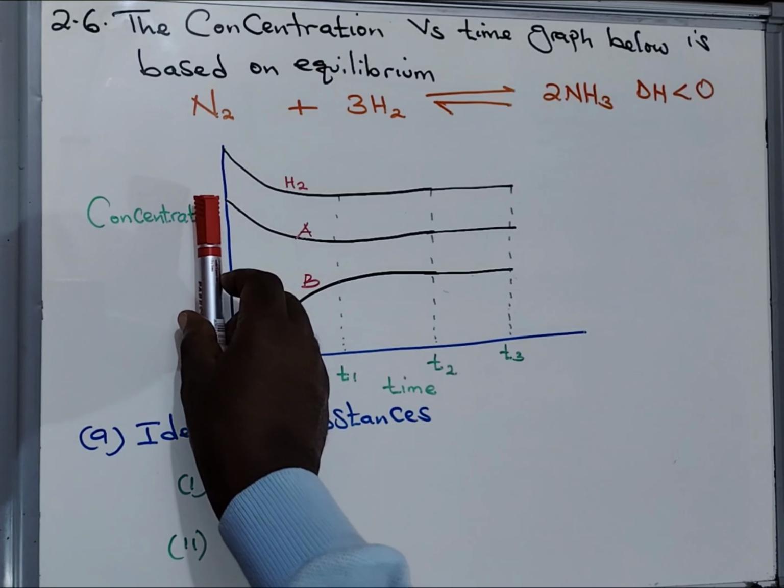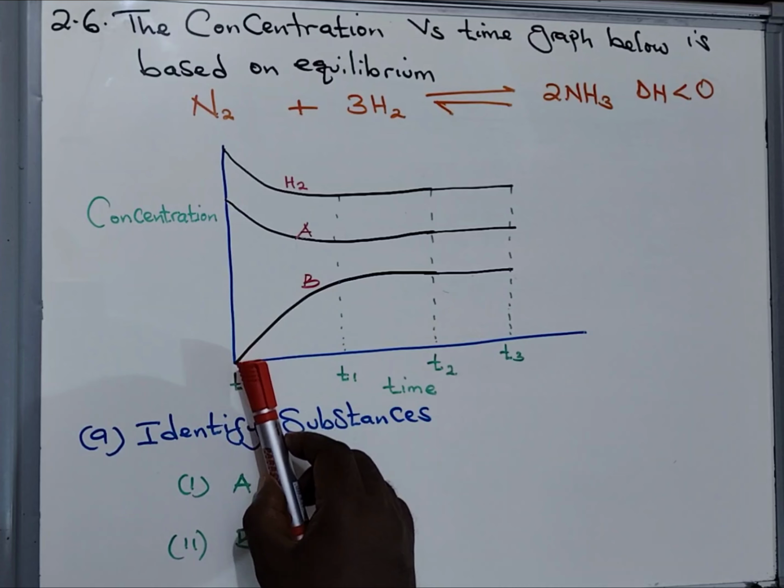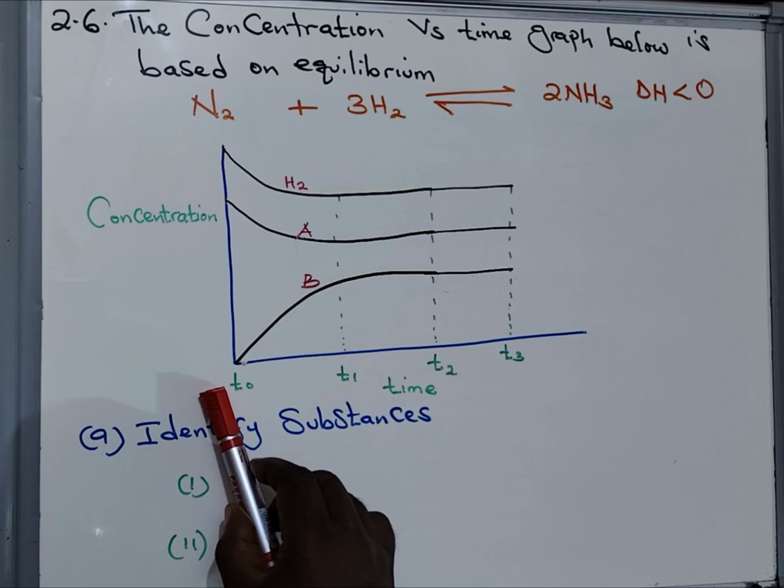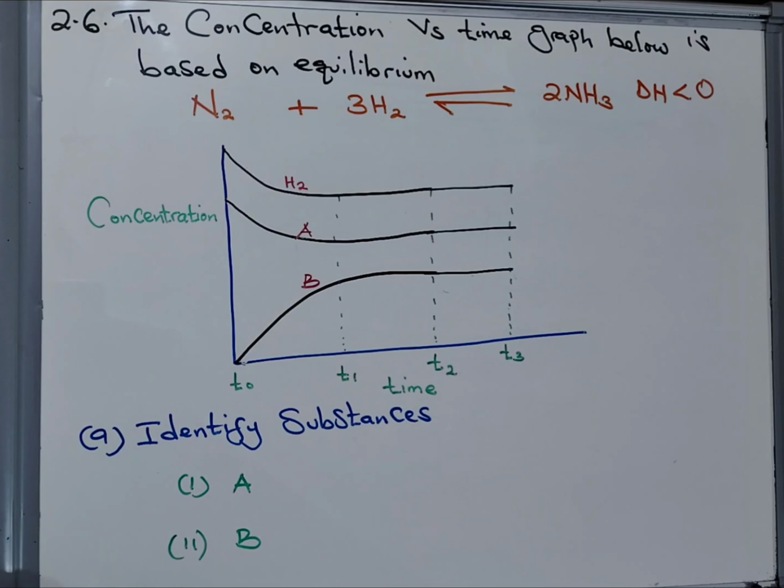Because initially, when the reaction was starting, it was 0. We need to know that when the reaction is initially starting, the product is 0. Because the reaction has not started, so reactants have not even reacted. So in other words, we know B. B is ammonia.